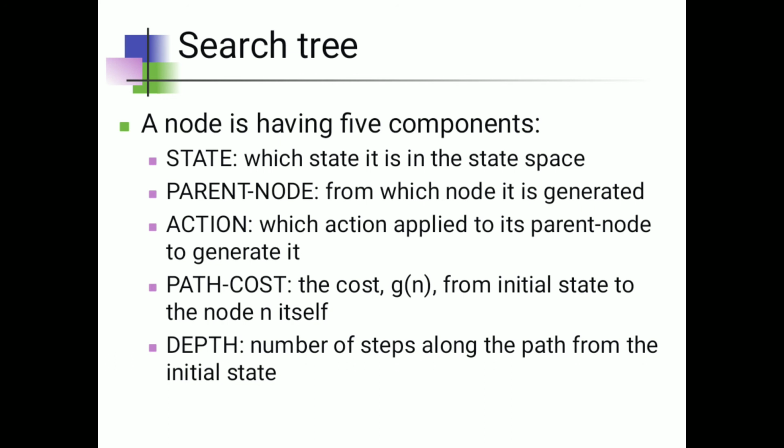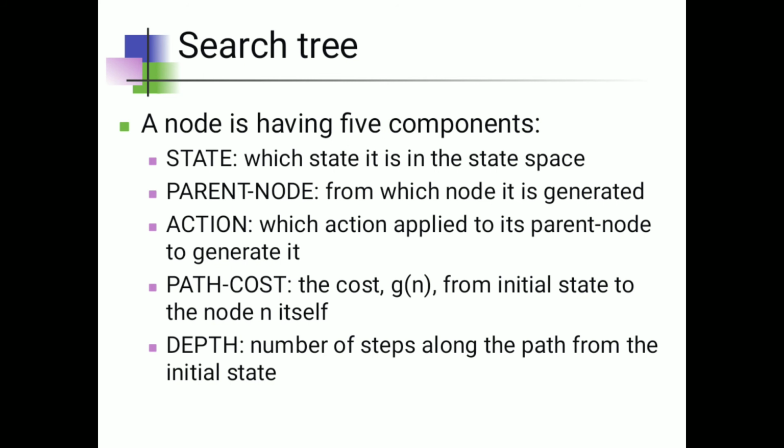A node has five components. Now what does the node have? It has the state, parent node, action, path cost, and the depth. What is state? Which state it is in the state space, the current state in the state space.